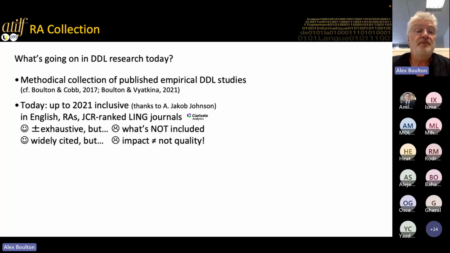Another advantage is that research articles published in these journals, because they have an impact factor, that means that they're quite widely cited, although we have to be relative in our fields. The journal I edit, Recall, has an impact factor of 4.5 this year, which means that each article is cited on average 4.5 times.